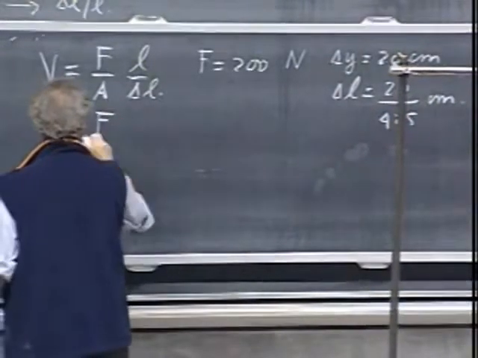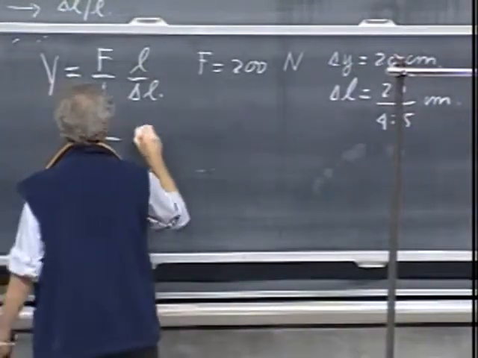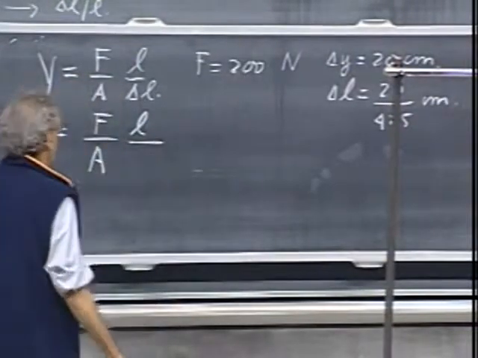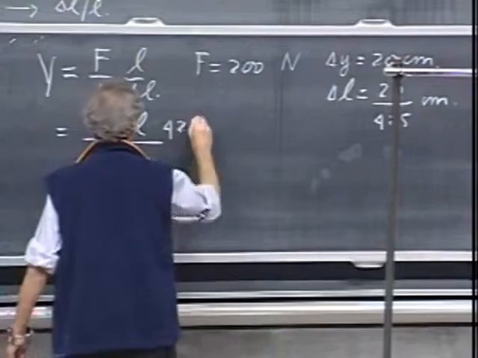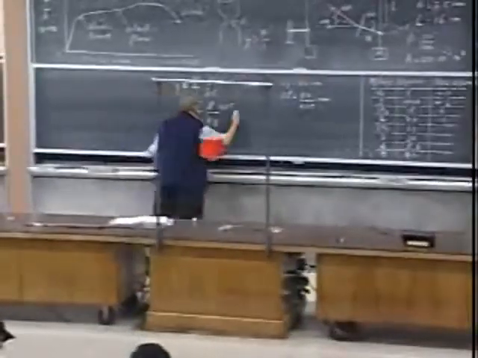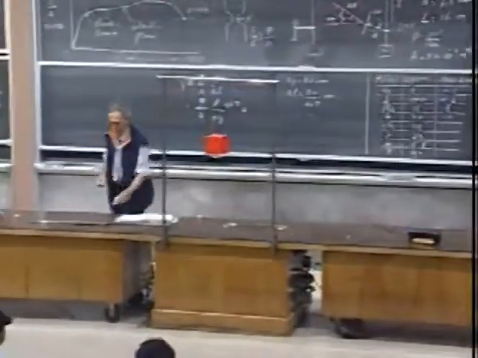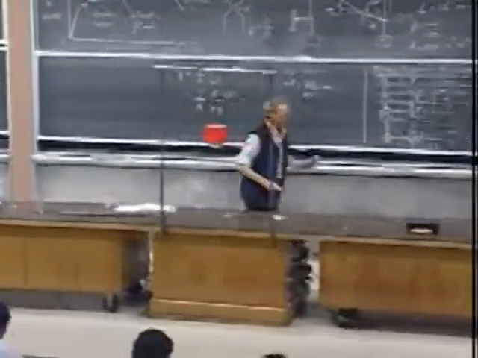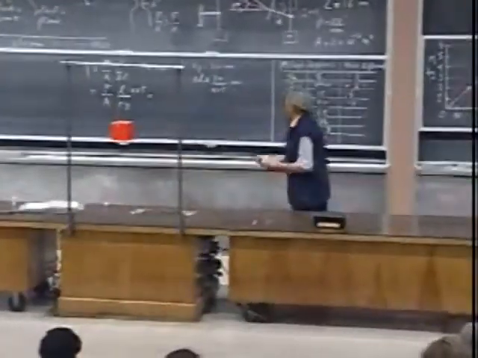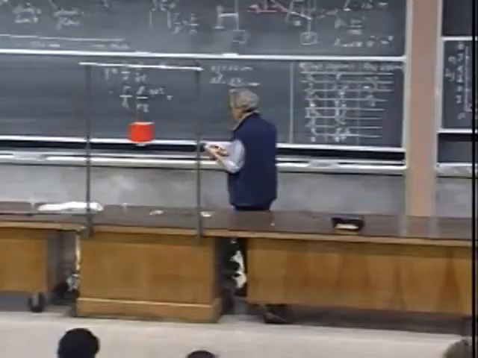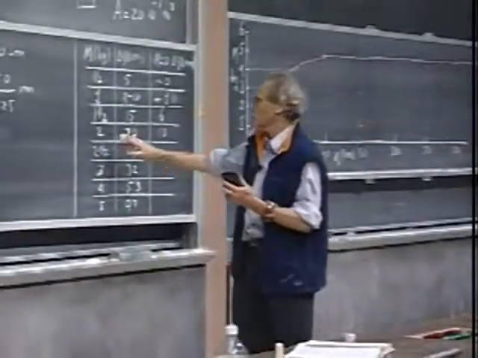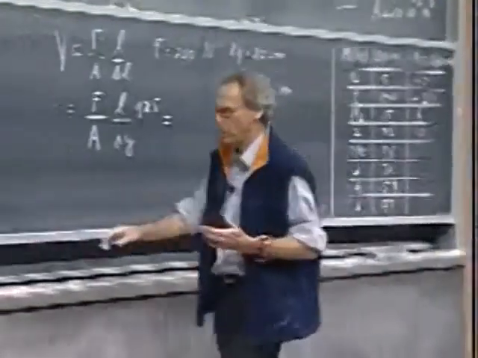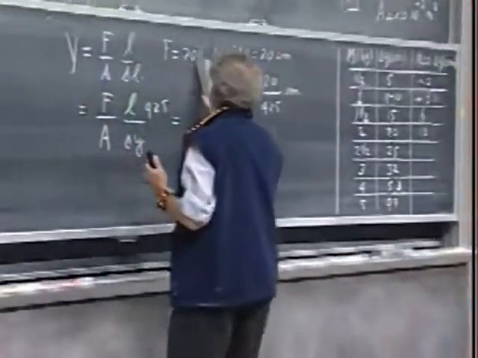So this is F divided by A, L, and then we have here delta Y times 425. And let's see what that is. So F is 200. That's right. No, F is 20. Ooh, I'm glad that we caught that simultaneously.